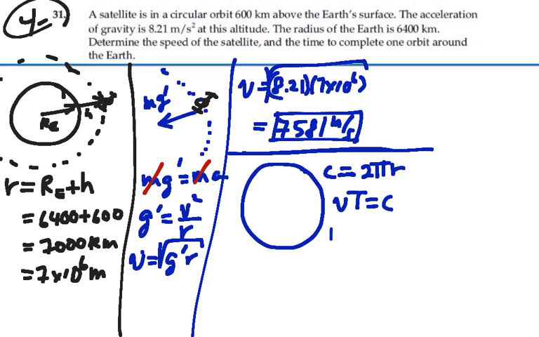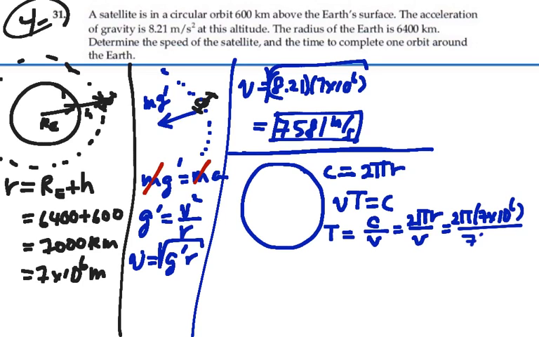So the time for one orbit is going to equal the circumference divided by the velocity. 2 pi r divided by our velocity, which would be 2 pi times 7 times 10 to the 6, divided by the velocity we just found, 7,581 meters per second, and that's equal to 5,802 seconds.